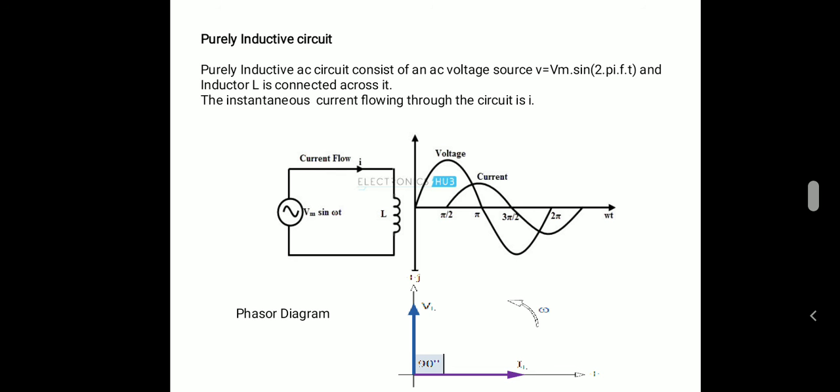The phasor diagram also indicates that current lags voltage by 90 degrees, and this difference is shown in the current equation I equal to Im sin of 2 pi ft minus 90. Impedance in rectangular form is jXL ohm, and in polar form is XL at the angle of 90 degrees ohm. Active power in an inductive circuit is 0, and energy consumed is also 0.